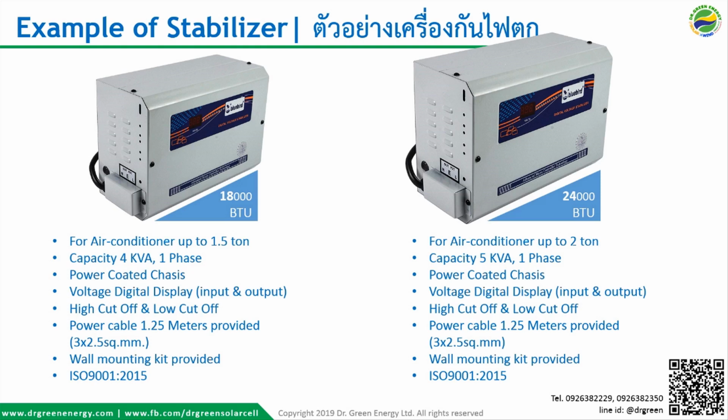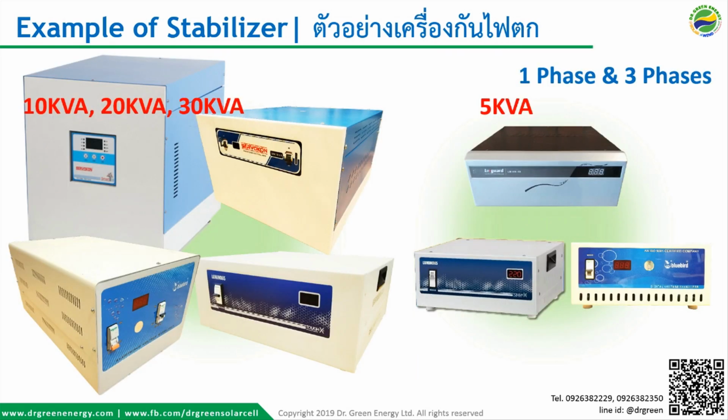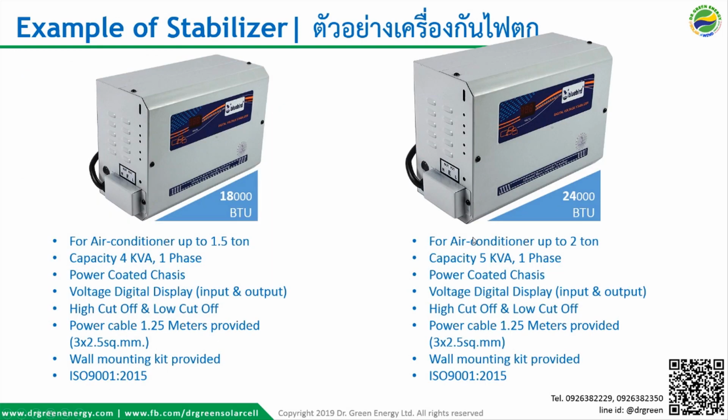In this case, you can choose a smaller size of stabilizer, which helps to lower the investment, and also choose the proper size of stabilizer to match your air conditioners. For example, on the right hand side is the stabilizer for 2 tons or 24,000 BTU. So you can choose this model.